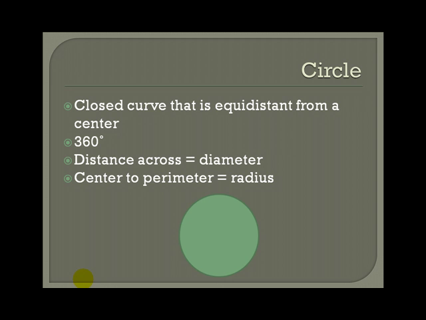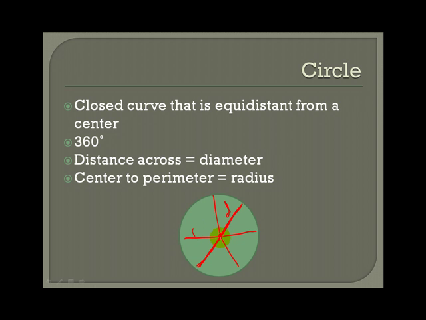A circle is a closed curve that is equidistant from a center. If this is the dead center here, this distance is the same as this distance, which is the same as this distance, all the way around. The distance across from one side of the circle to the other is your diameter.